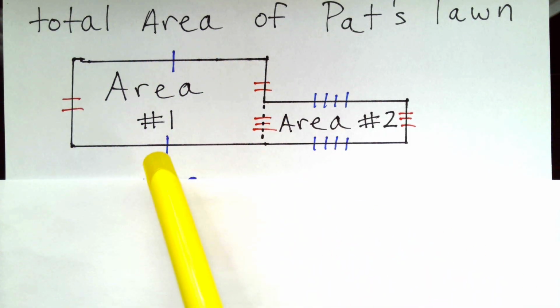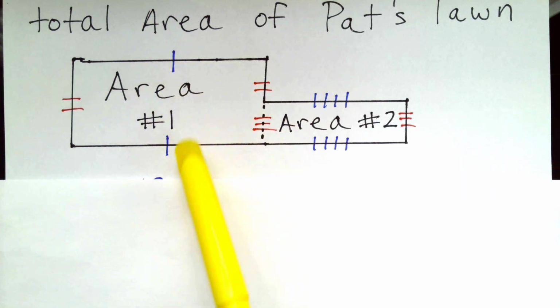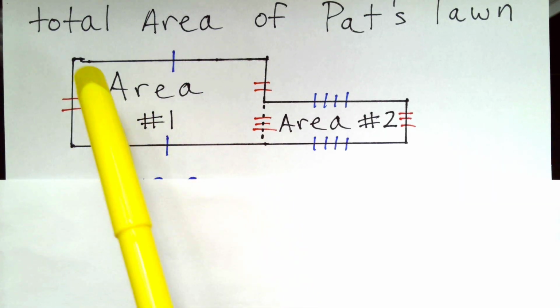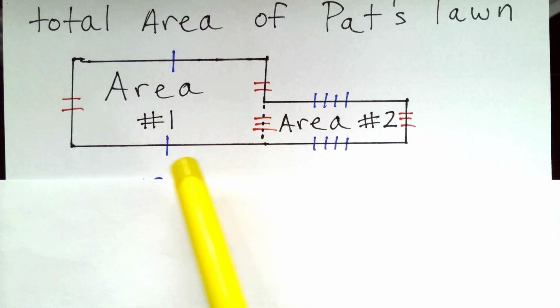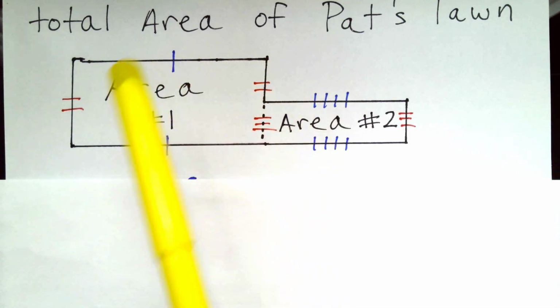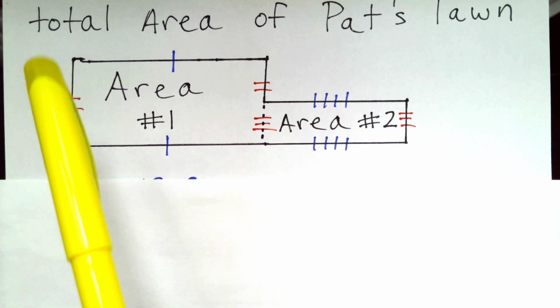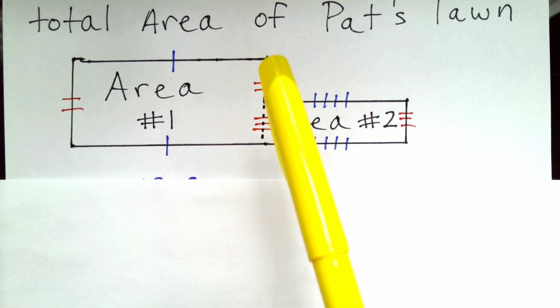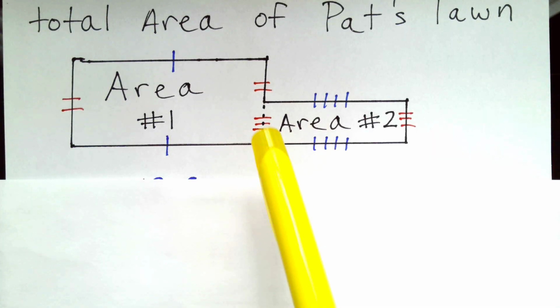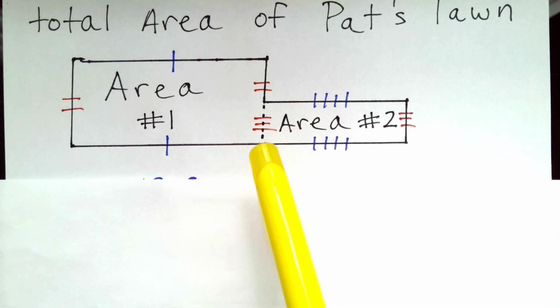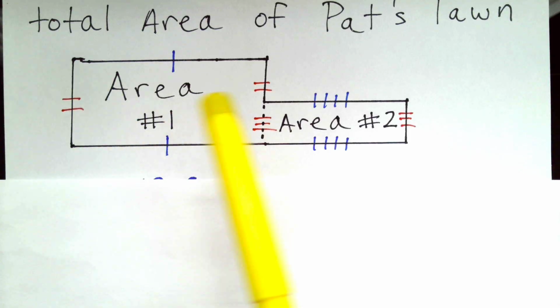Rectangle, one hash mark is equal to one hash mark. So opposite sides of the rectangle are equal. The length of this side is going to be equal to the length of this side. The length of this side of this rectangle will be equal to the length of this entire side. Even the dot is representing that entire side with the two hash marks.